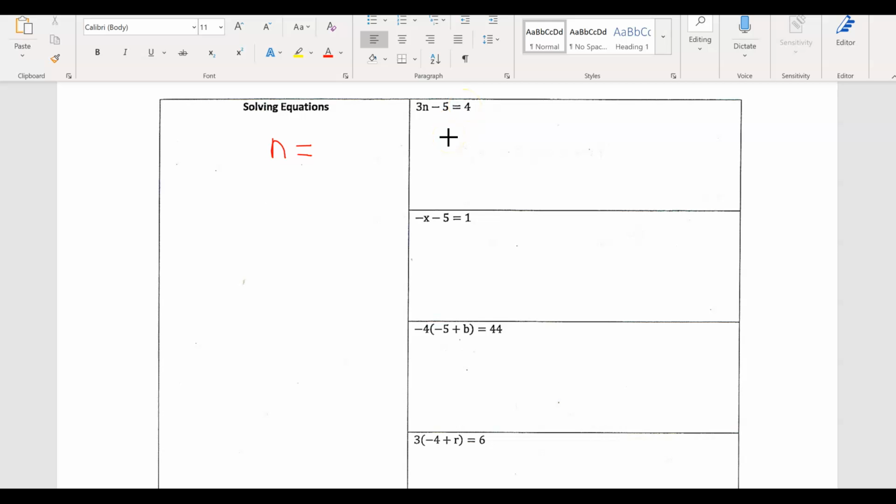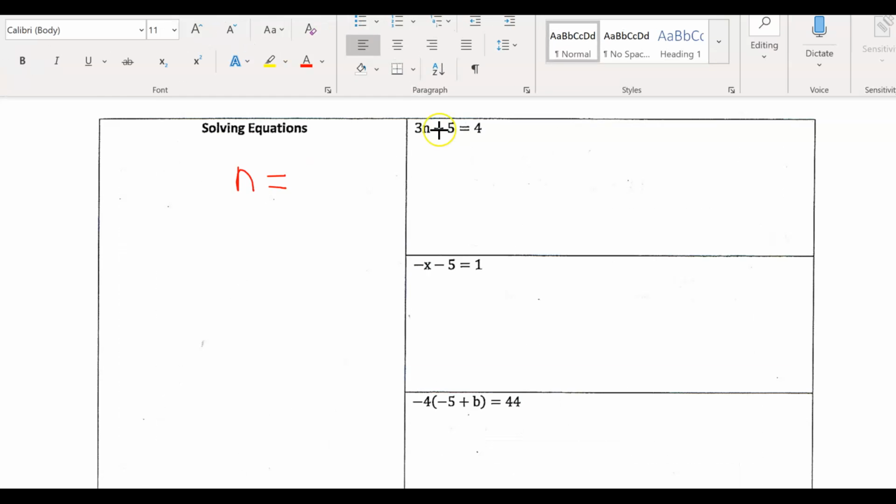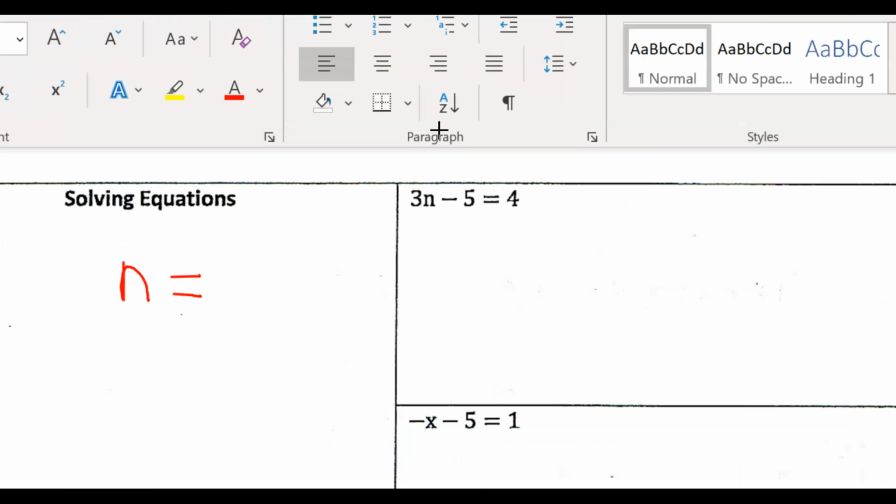So the very first thing that I would have to undo here is I'd have to deal with this minus 5. So to undo a minus 5, I'm going to add 5 to both sides. So we're getting one step closer to n living by itself. We still have one more thing to deal with there. So I have 3n all by itself is equal to 9.